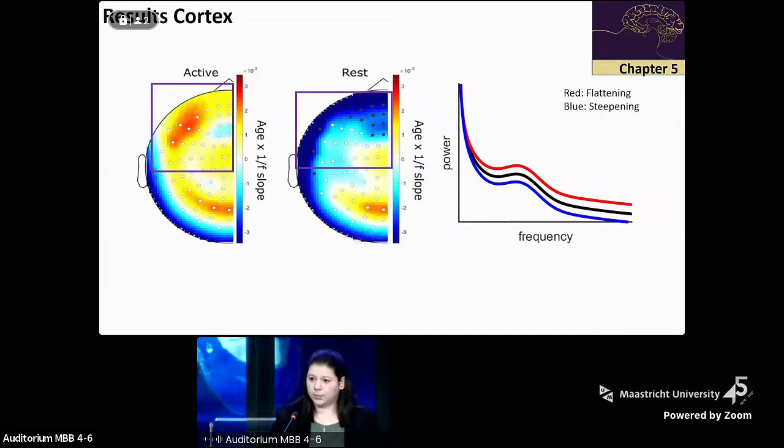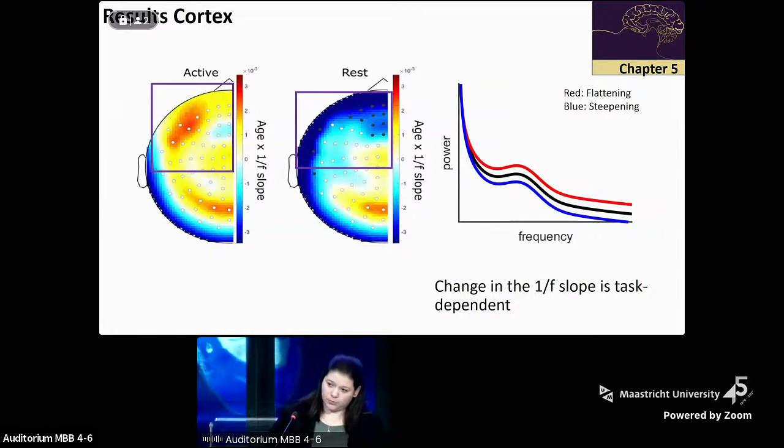But when we look at the patient at rest, when they are not doing any activity, we found the opposite. There is this steepening, which is similar to what we found in the STN. So the answer seems to be that the difference depends on the mental state of the patient.